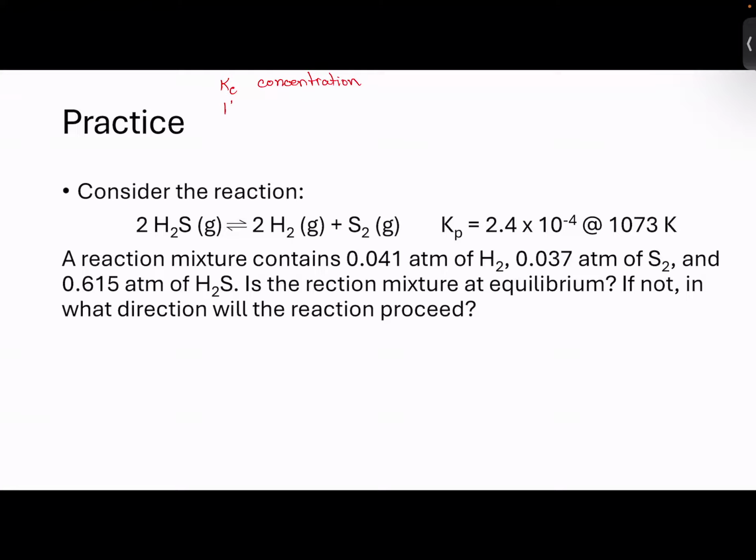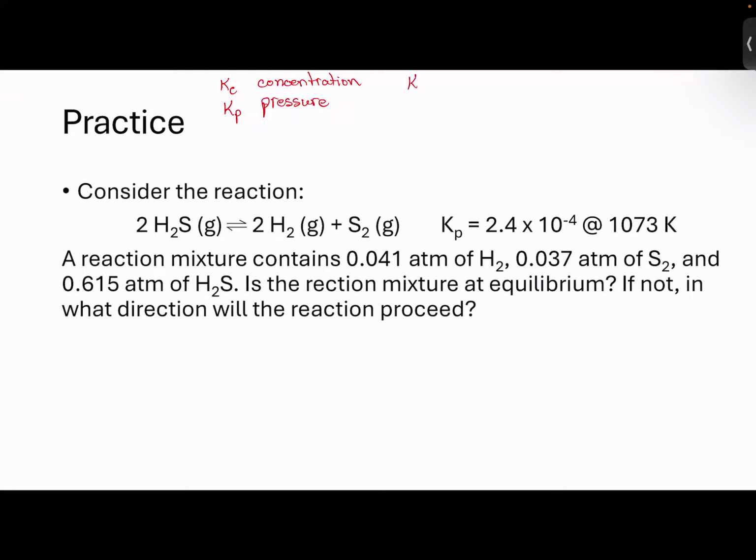Another one that is possible is Kp, and Kp stands for pressure. So we're talking mostly about gases here because they're the ones that apply the pressure, and that's why you're going to see this discussed in terms of atmospheres rather than concentration.